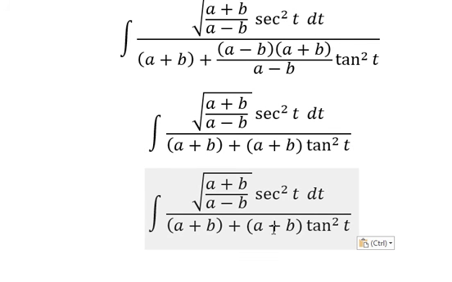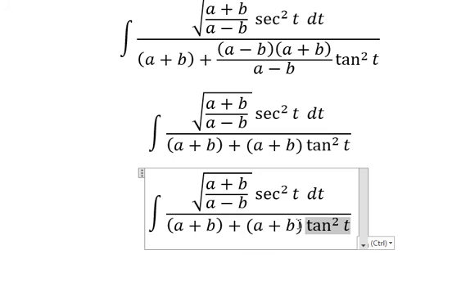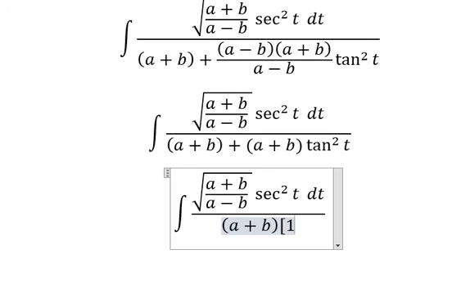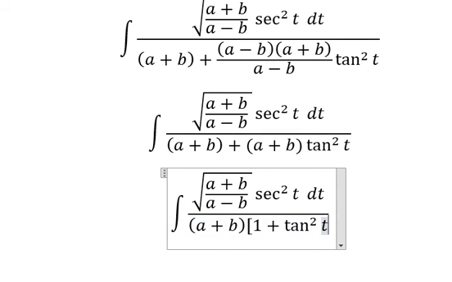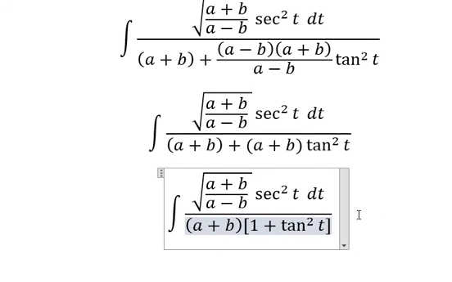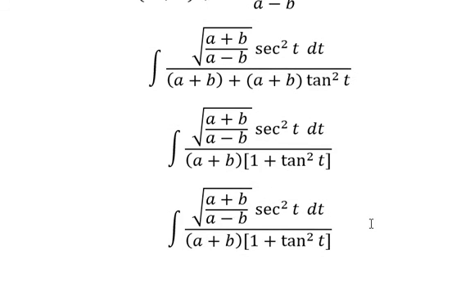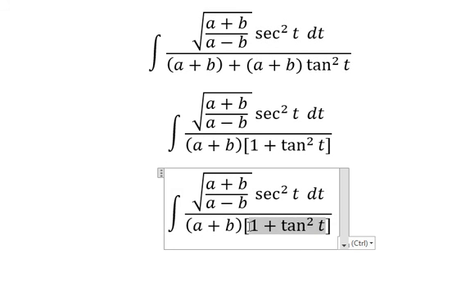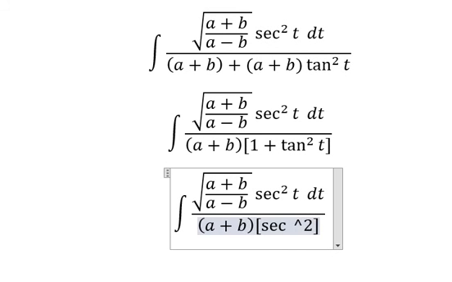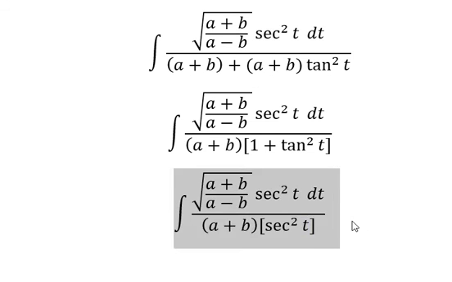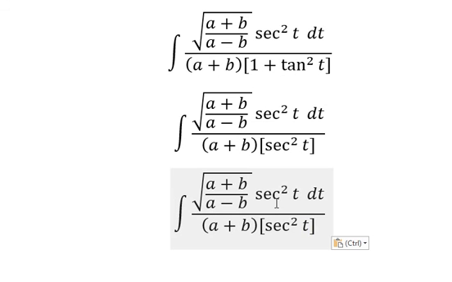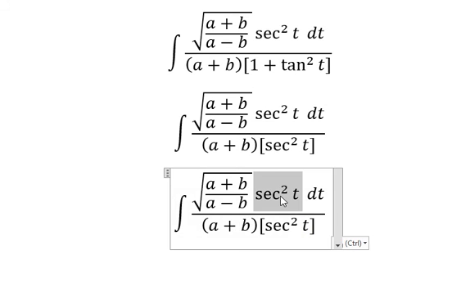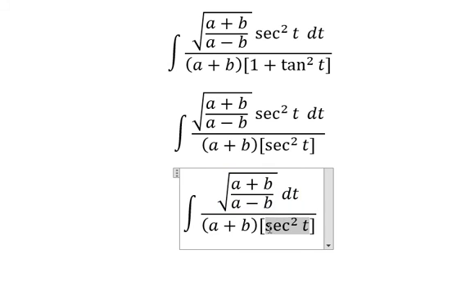A plus b we can factor. This one you get secant of t squared. Now we need to simplify secant of t squared on the numerator and denominator.